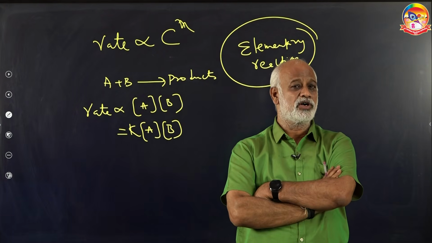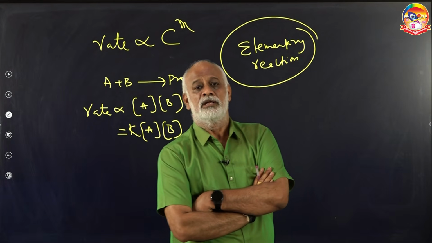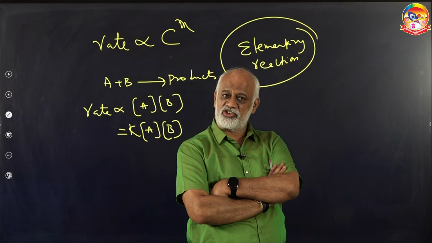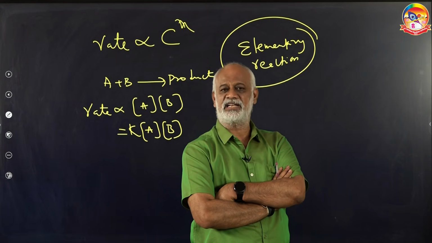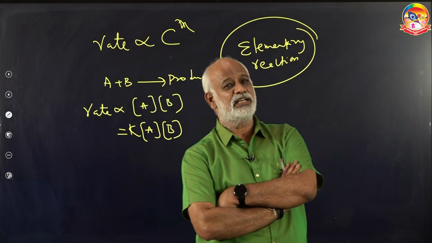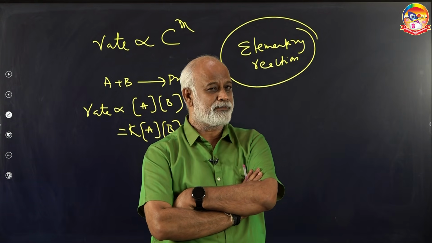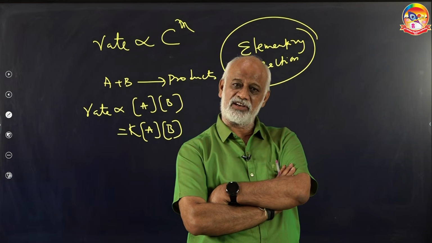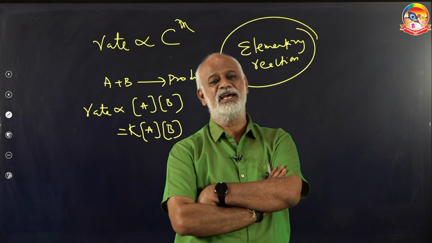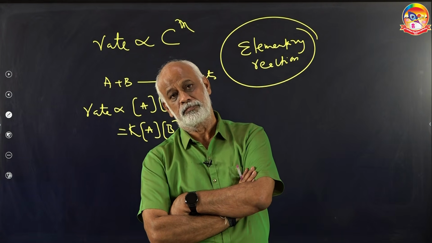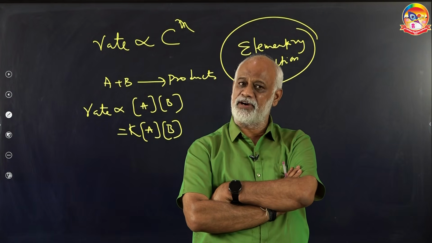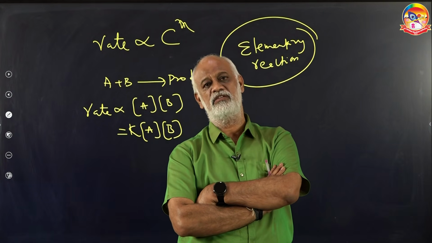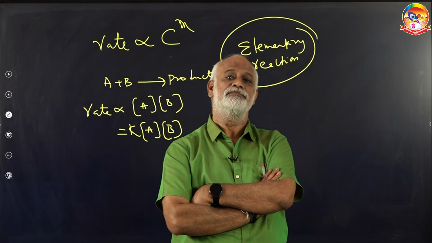Tell me, what is molecularity? Every step of a reaction involves the participation of certain molecules or atoms. That number of atoms or molecules that participate in each step of a reaction is called molecularity. Molecularity can never be a fraction, it is always a whole number.